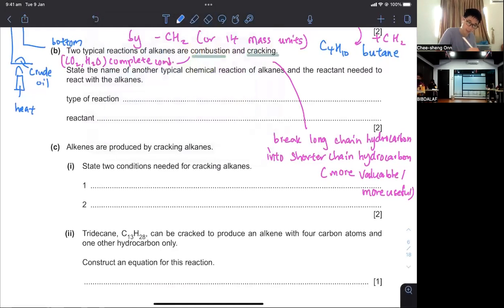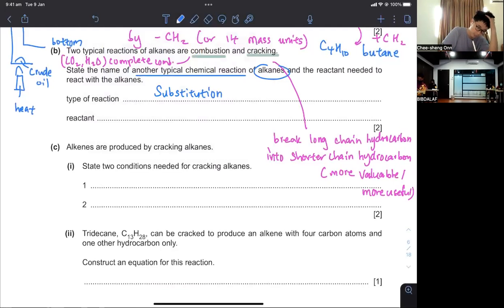So here, they're asking you for another typical reaction of alkanes. A few weeks ago when we started doing papers, we talked about one of these reactions. It is called substitution. Substitution means you replace one atom with another atom.